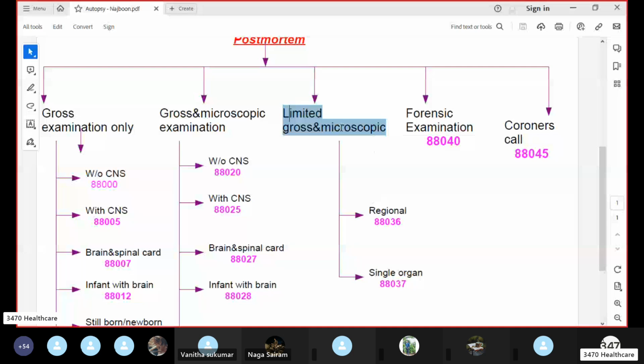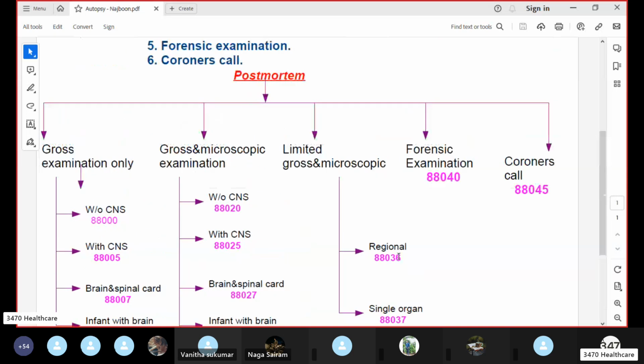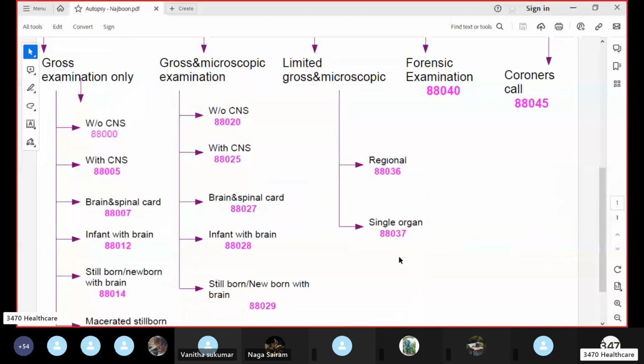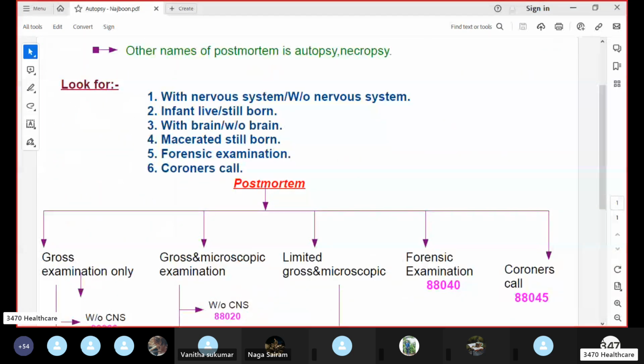Then forensic means based on the evidence present. Coroner's call is as per court order to find the cause of death. Okay, so please go through this.